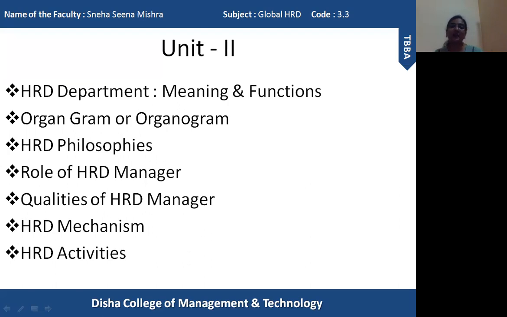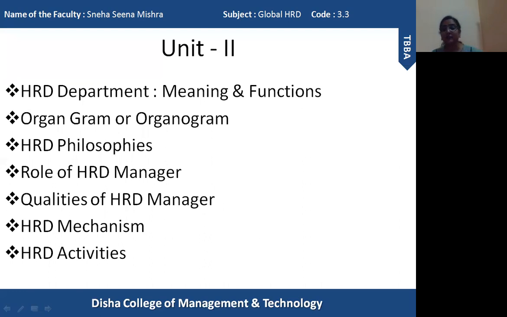So these things are clearly represented in a graphical and diagrammatical way. And there are also various types of diagrams: flat structure, matrix structure, functional structure. So according to the nature and size and structure of the organization, they create a proper diagram for proper understanding of the employees. That is the organogram.